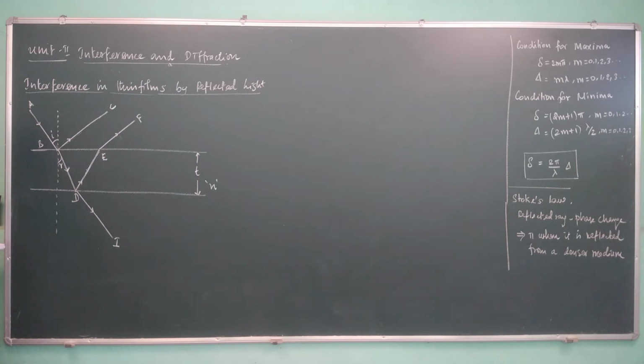Now let us calculate the path difference. This is the incoming light ray, and this is one reflecting light ray, this is another reflecting light ray, and we have to calculate the path difference between these two reflecting rays, that is, the reflecting ray BC and BDEF.